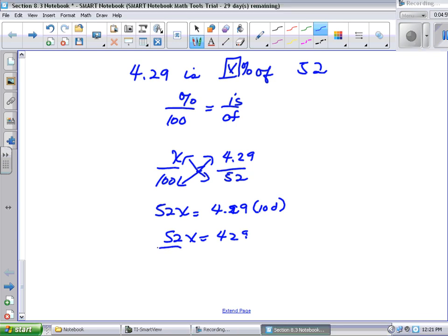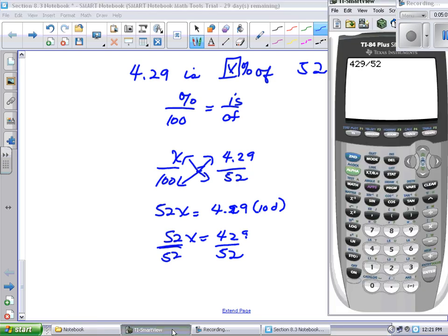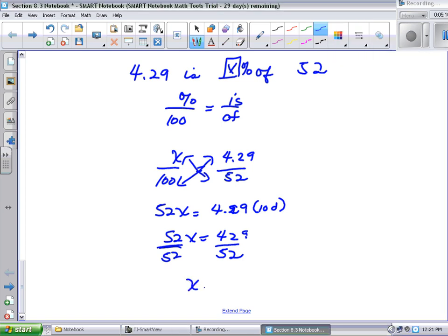Now I'm going to need to divide both sides by 52. And when I divide 429 by 52, I get 8.25. 8.25% is the amount of the tax.